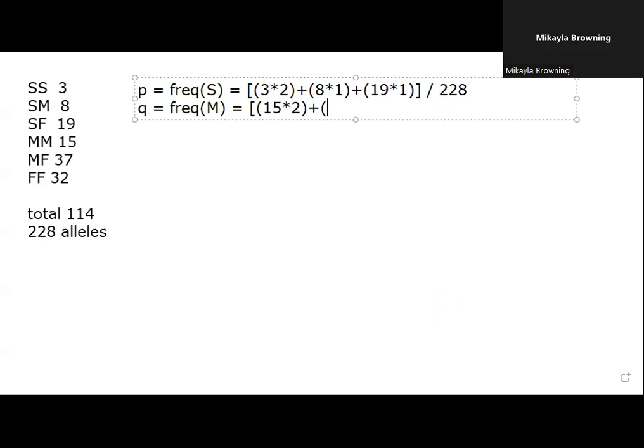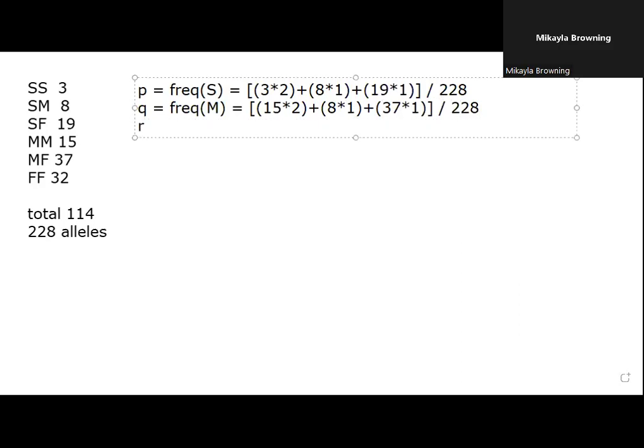And we have 8 individuals that are SM, so that's 8 individuals that have 1. We also have the MFs down here, and there's 37 of those, and they have 1. Then we divide the whole thing by 228.